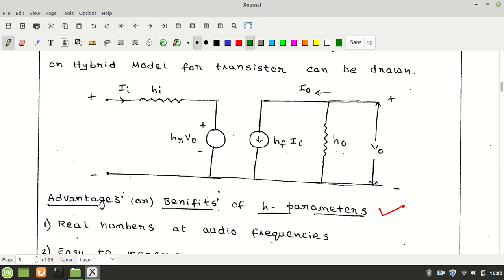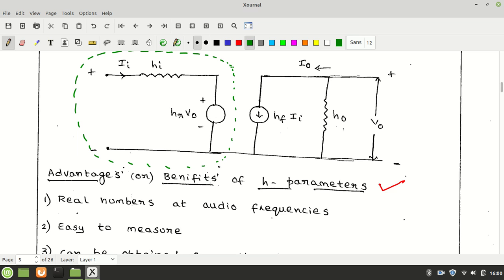First think about the input section, this one. How does this model come? This model comes from the KVL equation, where this is your input voltage.